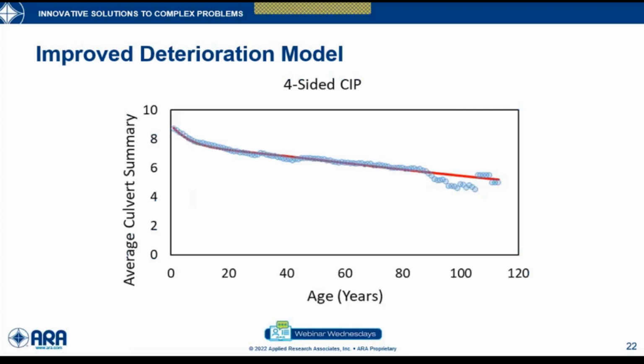One thing that we have tried previously is to redefine that probability distribution, allowing some of these assets to go back to an improved condition state. That probability, even though it's small, is still out there.